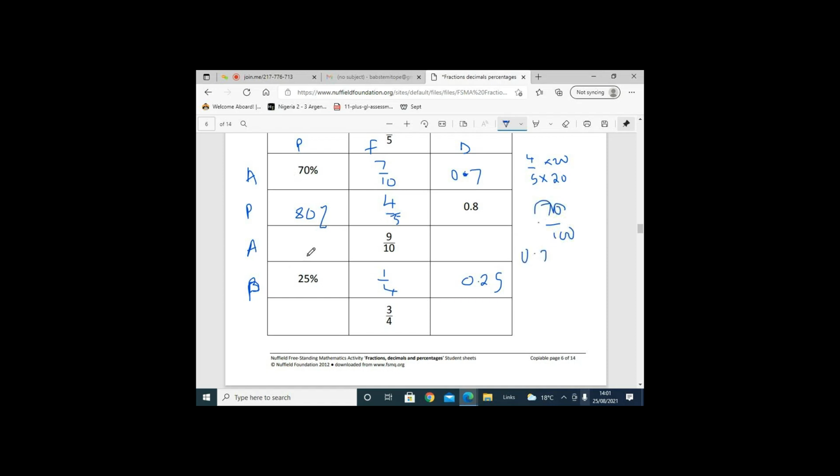Okay. So what about this one? So the percentage, I times both sides by 10. Yeah, what's the answer? 100. So I got 90%. Yes, correct. What about decimal? I got 0.9. Yes, thank you. So that is that.